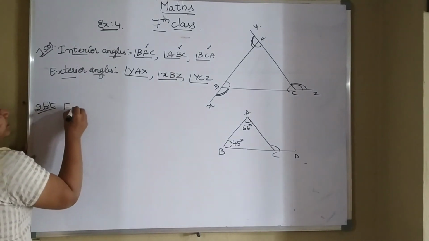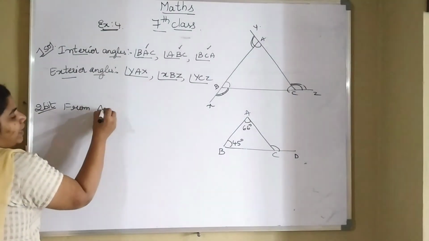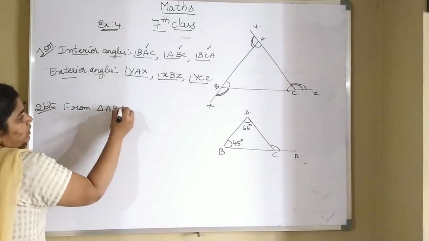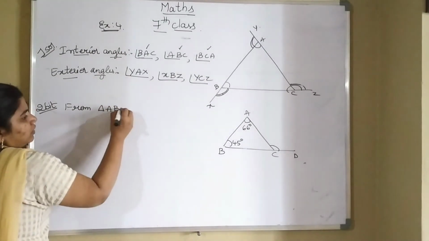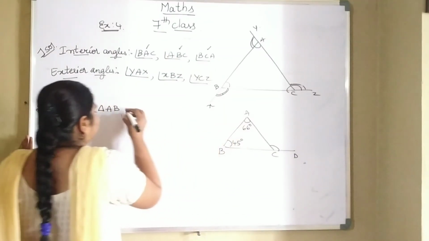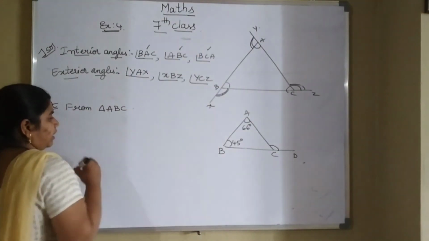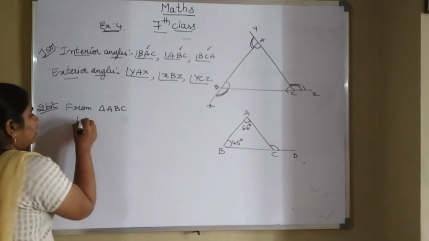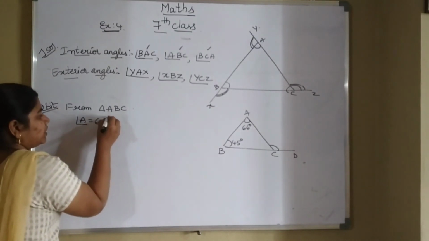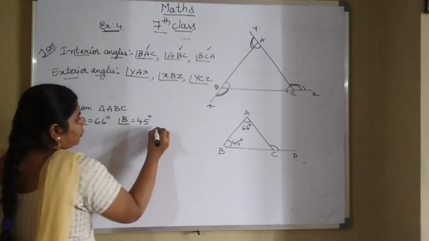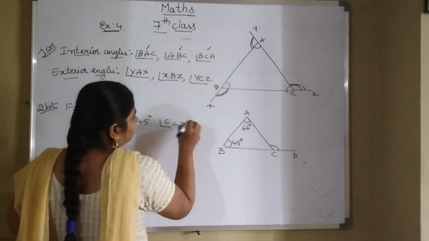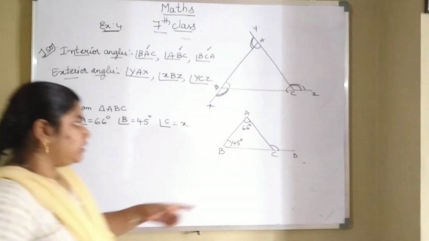So from triangle ABC, they have given angle A as 66 degrees, angle B as 45 degrees. What do you have to find? Angle C you have to find. Okay, so how to find this angle C?